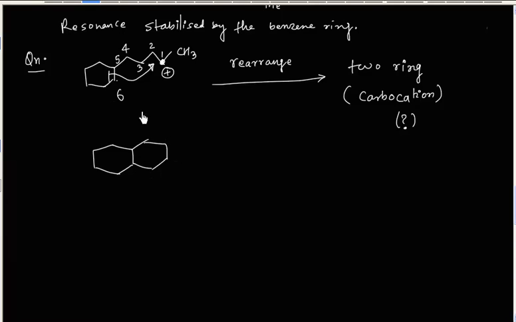Let us name. So this is carbon number 6 and this is 5, 4, 3, 2, this is 1. Carbon number 1 contains a methyl group. Carbon number 5 will have a positive charge because there is a loss of one bond.